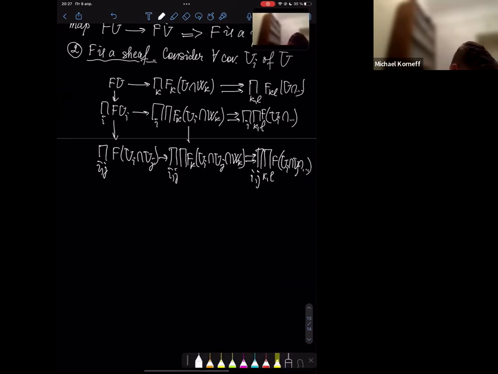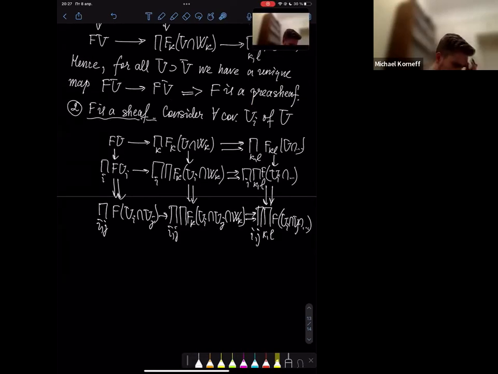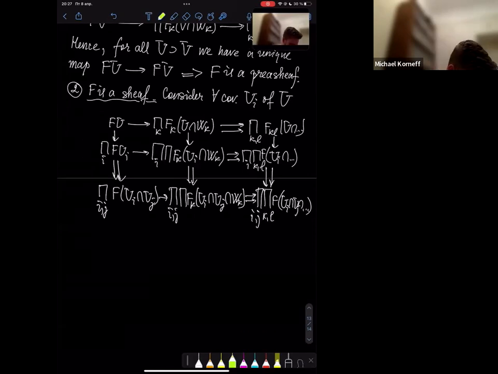And we have vertical maps. And now we know that this one is an equalizer, this one is an equalizer, this one is an equalizer.